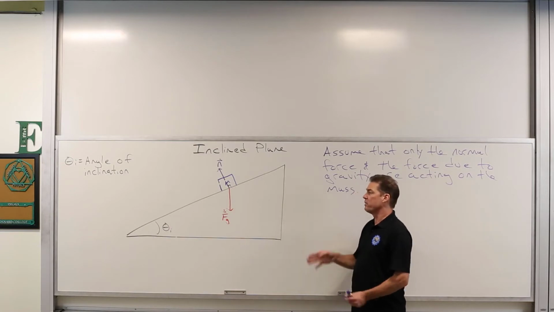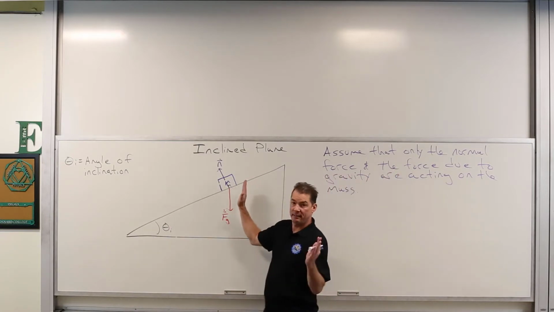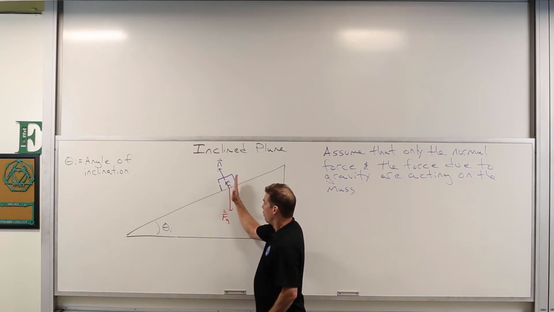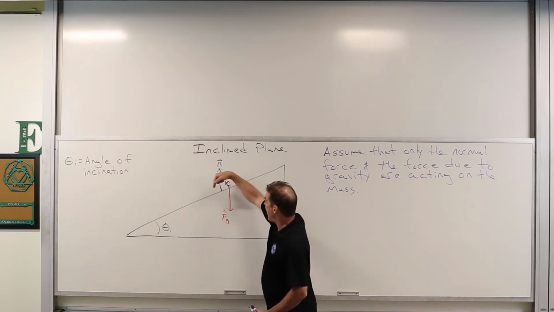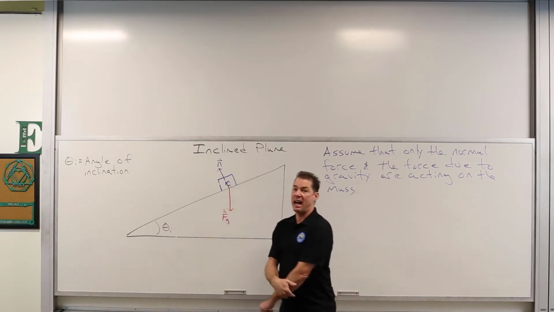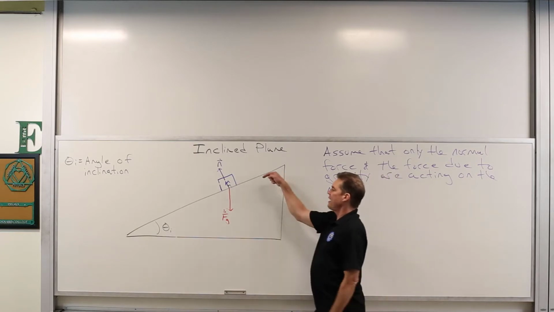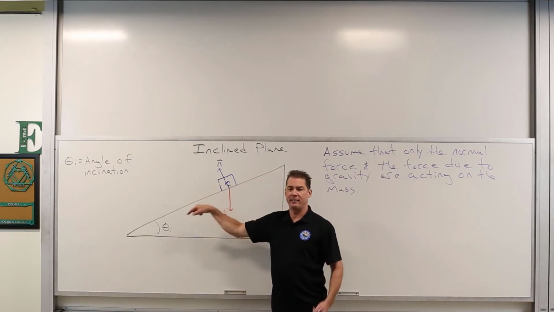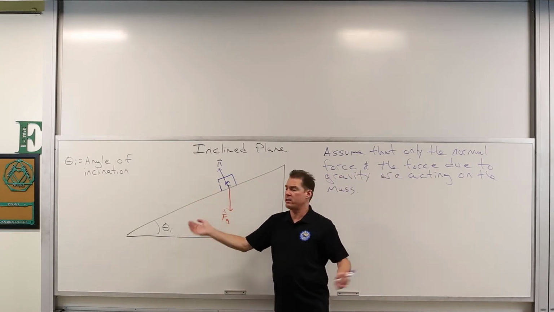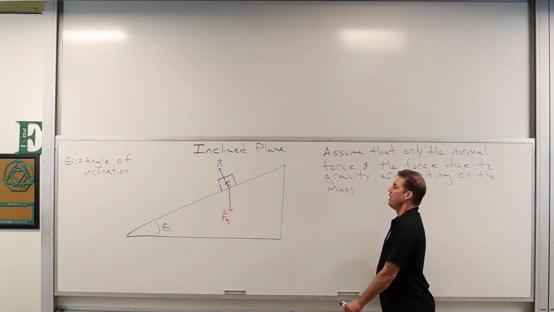If we want to treat it in terms of i hat and j hat components, this object under its acceleration due to gravity would be accelerating that way and that way, and have both i hat and j hat components of acceleration. It's easiest just to say it's accelerating down the incline, let that be the direction of the acceleration, and just deal with one dimension of acceleration.